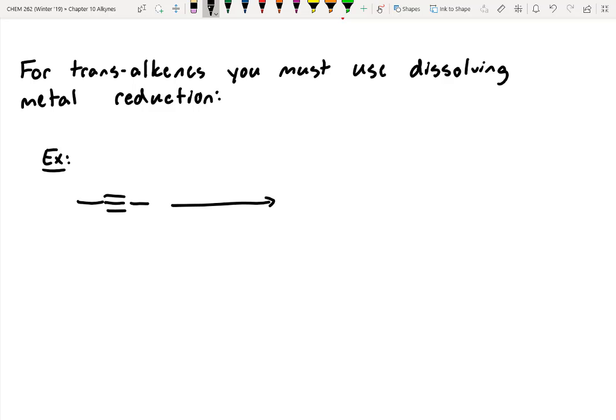In order for this to work, you need elemental sodium. To indicate that it's elemental, you'll often see a little zero sign in the top indicating that it's not a cation. It's just the metal sodium. And then you're also going to have ammonia as your solvent. So we put liquid in quotation marks, so you can have an L in there to indicate that it's in the liquid state, not the gas state.